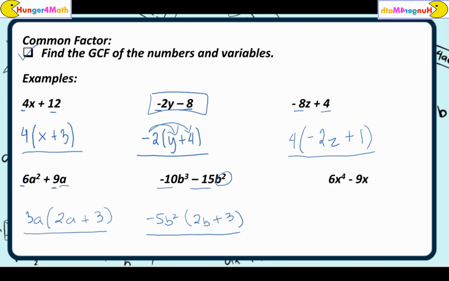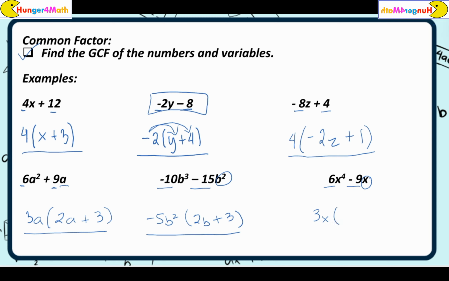Next, we have 6x to the power of 4 minus 9x. So the GCF of 6 and negative 9 is 3. Now we have x to the power 4 and x. So once again, we're going to get the variable with the lowest power, and that is only x. So the GCF is 3x.